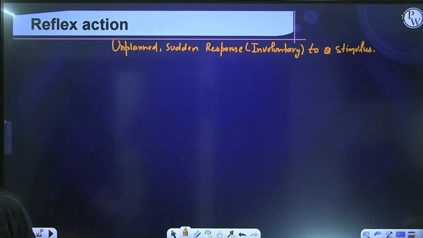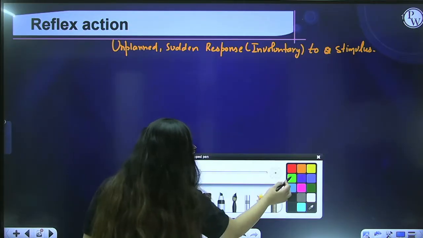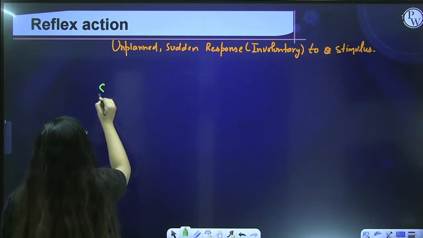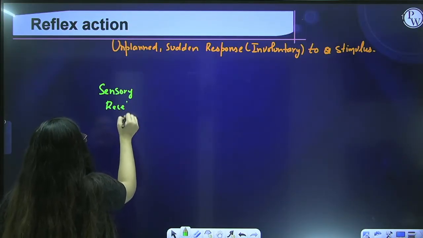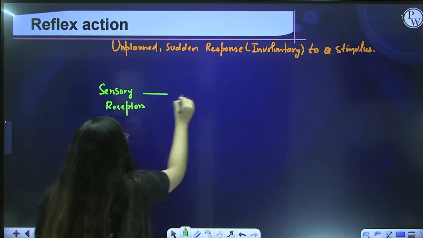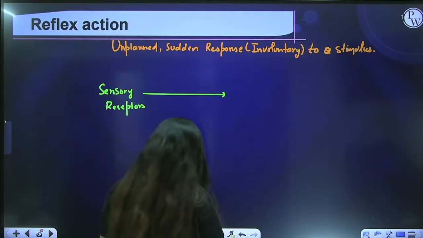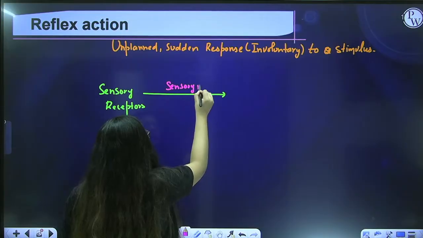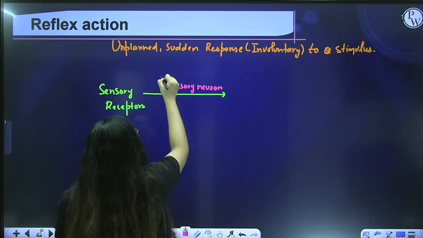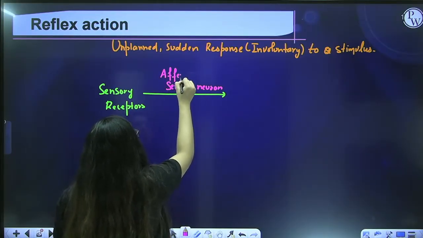Okay, so here what are the organs involved? First of all, the sensory receptors will be involved. Through sensory receptors, the information goes via sensory neurons. Which neurons, guys? Sensory neuron. What is another name of sensory neuron? Afferent neuron.